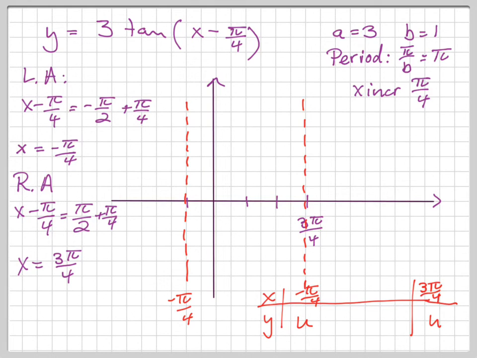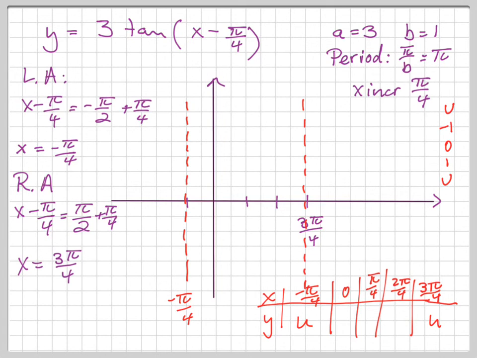Now if we add pi over 4, then our next key point is 0. Then plus pi over 4 is pi over 4 and 2 pi over 4. Remember how I did this in class, I always like to write my basic y values to the side. We start with undefined, -1, 0, 1, and undefined.